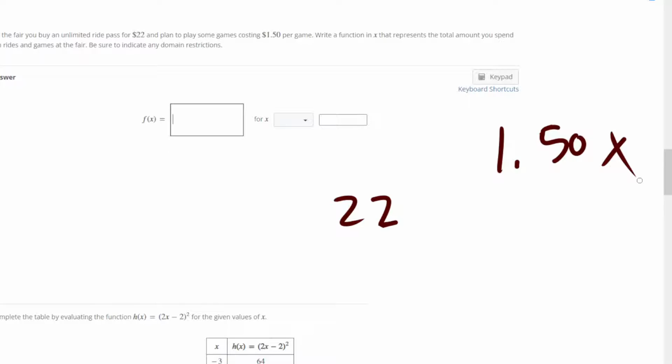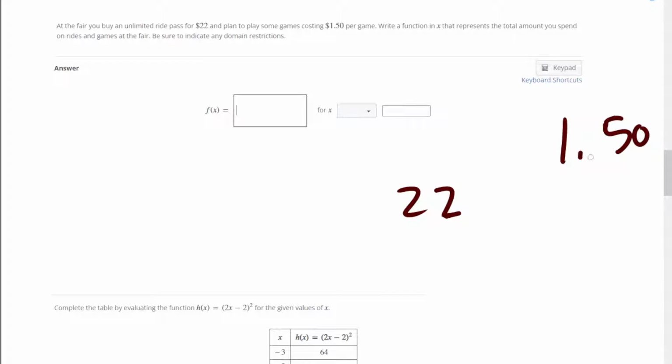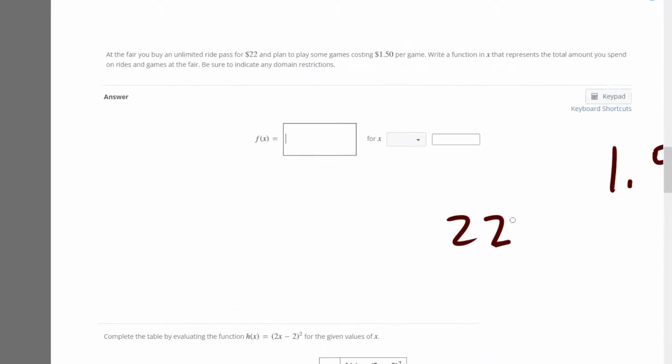So let's tag an x to it. We want a function that represents the total amount we spend on rides and games at the fair. So we already know that there's going to be a plus $22 here because that doesn't change. And we know that we have a 1.50x.